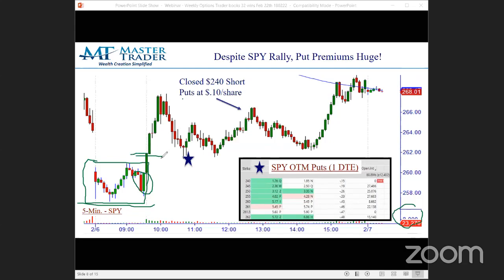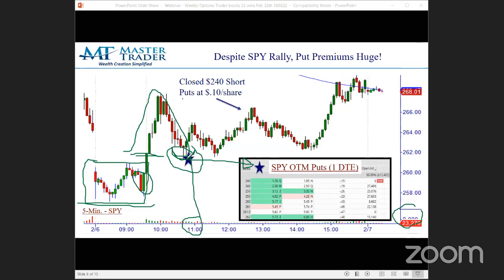So you could have sold more 5-minute high, filled the gap, pulled back into 11 o'clock reversal time. At this star, we have our bottoming tails here, right at the 5-minute high, minor support area. So this is a snapshot of the puts at this point in time. So this was a trade that we gave to our weekly option trader subscribers.